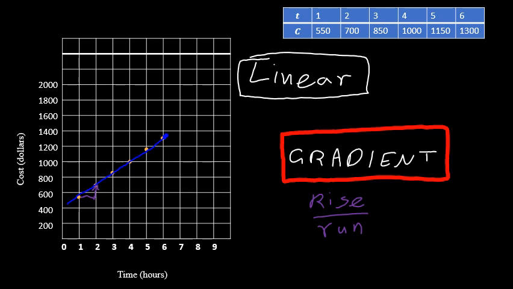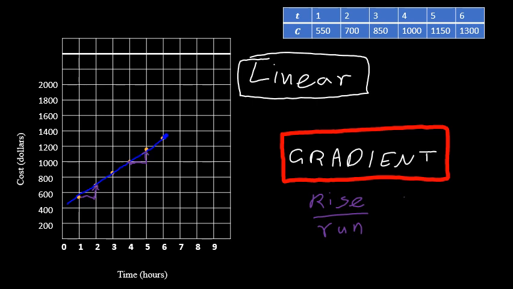So in our situation here, let's just do an example. Let's take this data point here, where it's the data point for 1000. To go across to 5, I've run across 1 unit, and to go across 1 unit, I have to go up from 1000 to 1150.